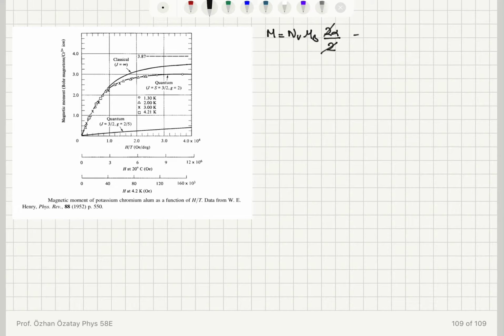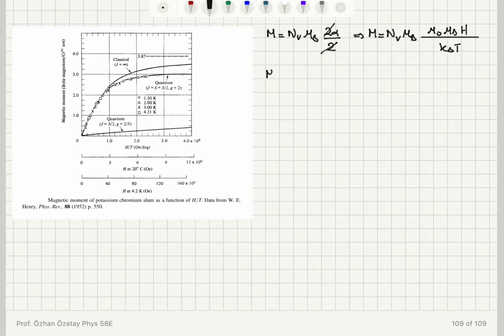So I will find that the total magnetic moment is number density Bohr magneton times alpha, which is mu 0 mu b h over kBt.